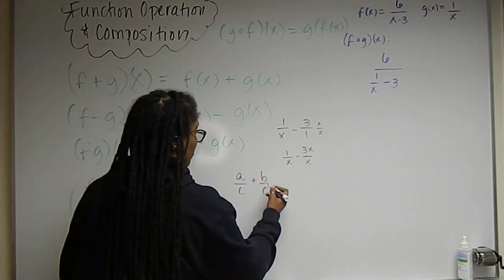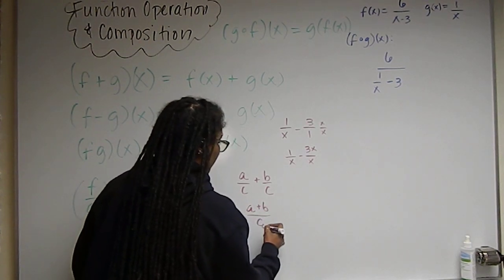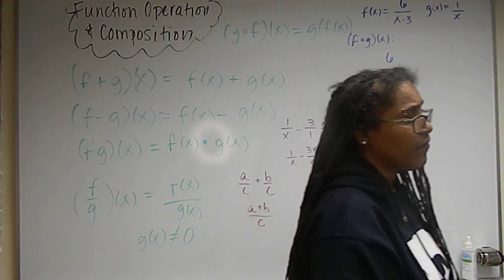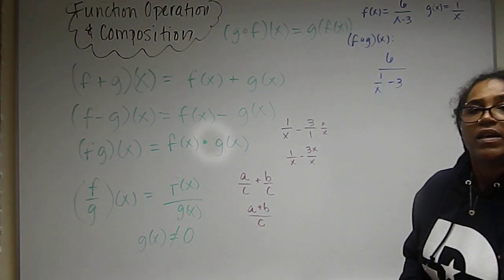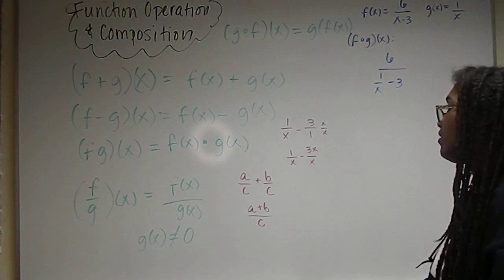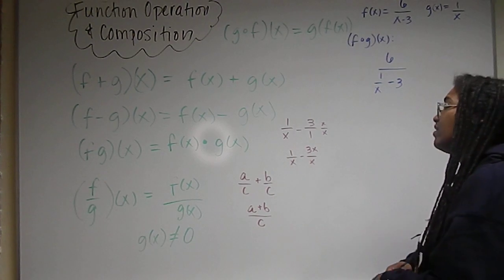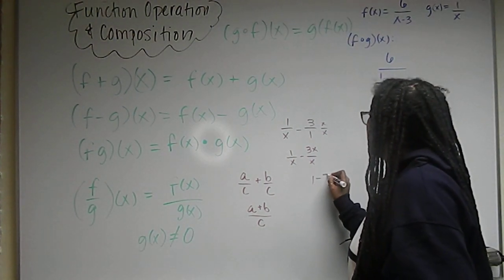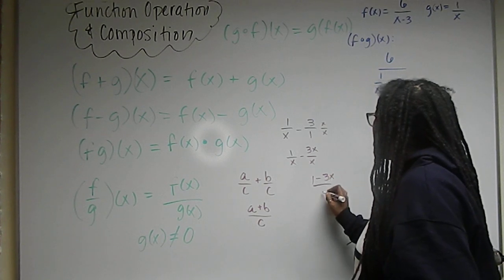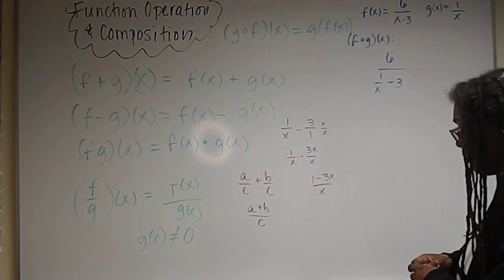So this would then be A plus B over C. So again, if you don't remember a lot of these rules, hop back down to one of my first videos, because I'm pretty sure I made a video going over all these fraction rules and stuff, right? So what is our new denominator, you ask? It is 1 minus 3x over x. Okay? That's our new denominator.